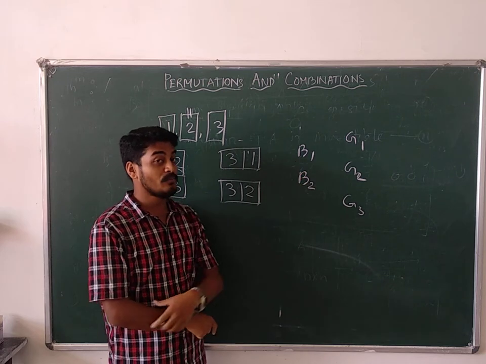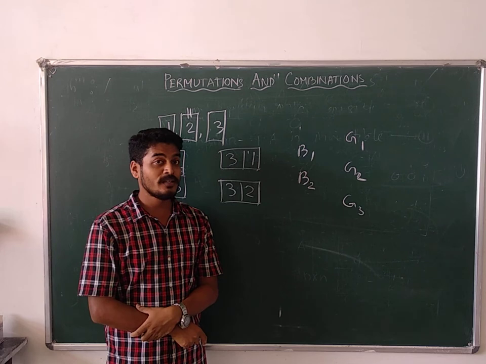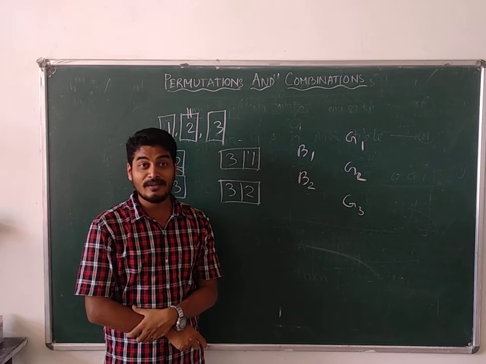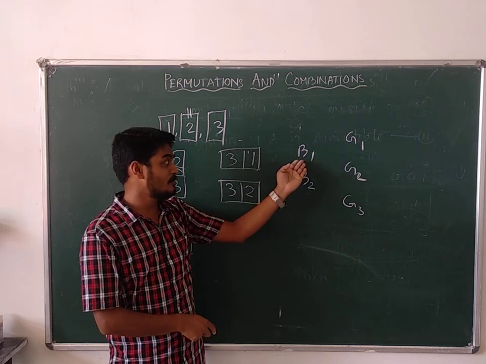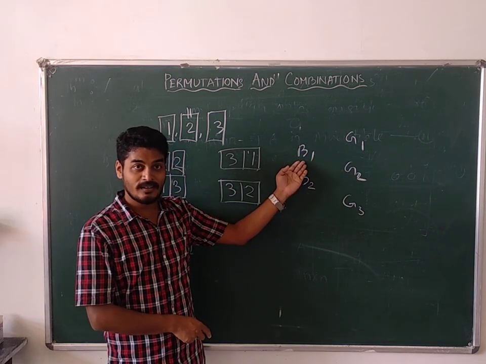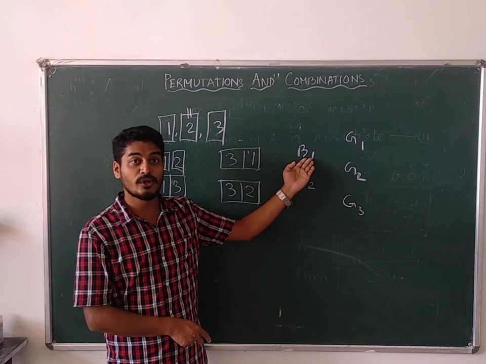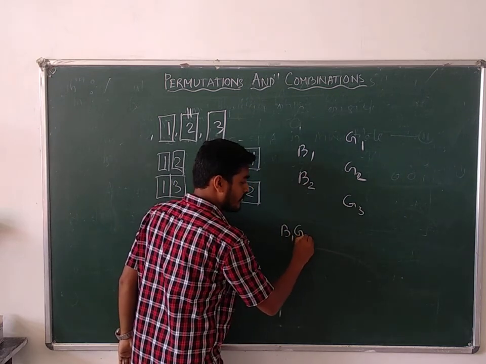Suppose I have selected boy 1. Then for boy 1, how many possibilities are there? He can make a pair with any one of the 3 girls. Three beautiful girls are there. That means there are 3 possibilities for boy 1.